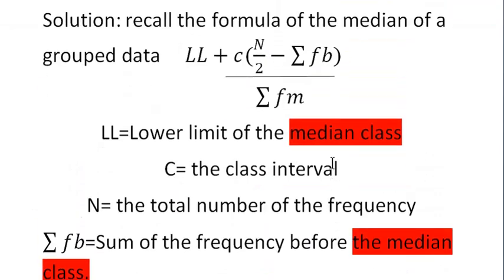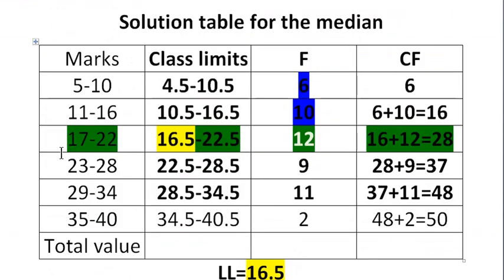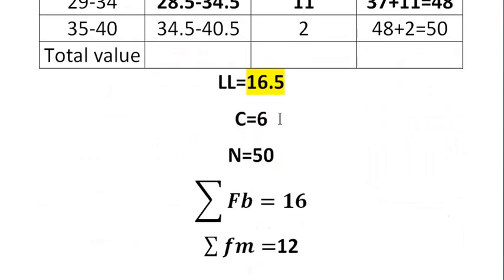Then we have the class interval, which we got by 11 minus 5. Don't do 10 minus 5, or 16 minus 11. You have to go this way: the gap between the classes, 11 minus 5, 17 minus 11, 23 minus 17, you get 6 each time. That's the class interval, which is 6.